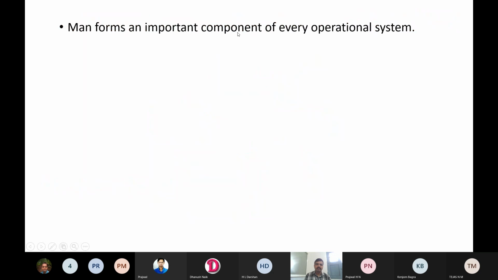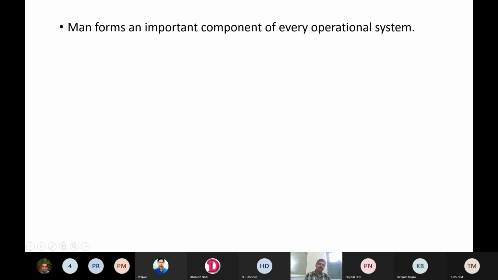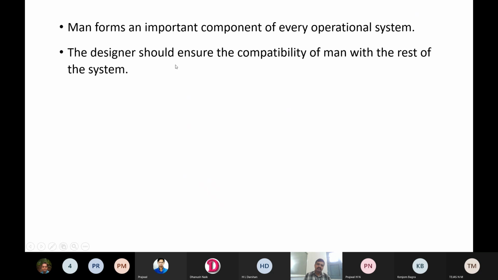Man forms an important component of whatever we have discussed. Okay, we will once again revisit these points. Man forms an important component of every operational system. The designer should ensure the compatibility of man with the rest of the system.